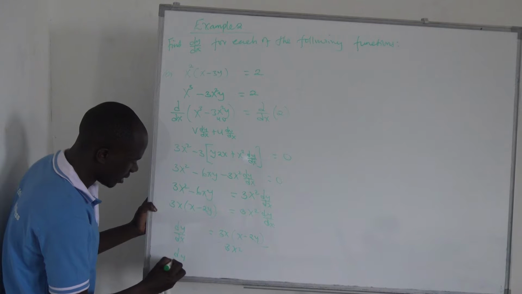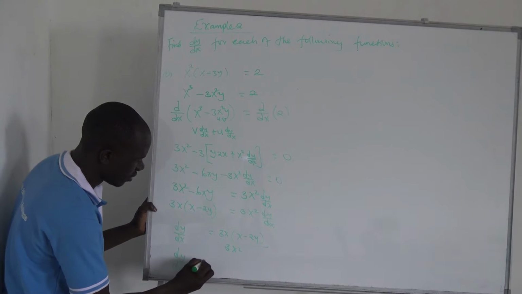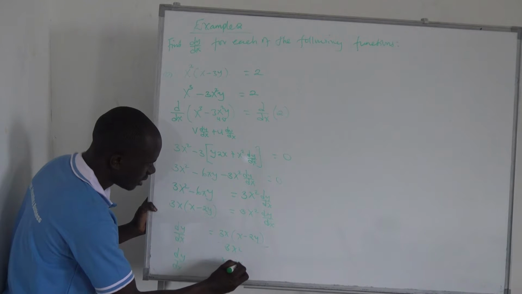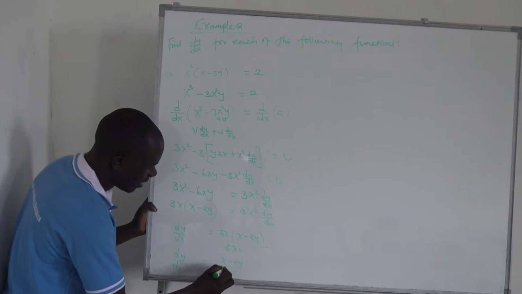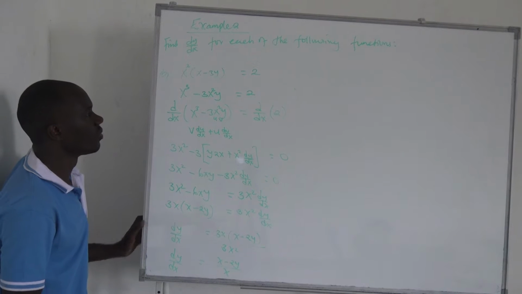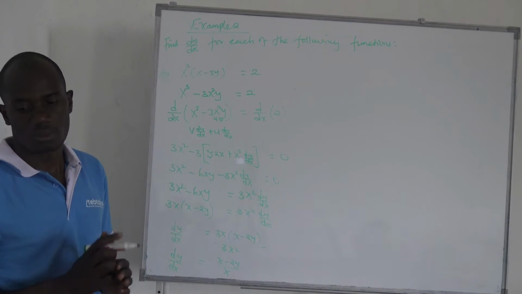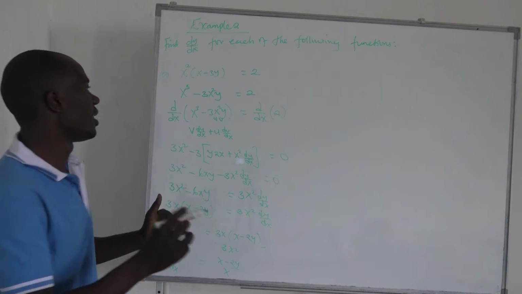Reduce. So what is dy/dx? The 3x reduces, and we remain with x minus 2y all over x. So you have already got dy/dx, and that's how we normally handle such numbers.